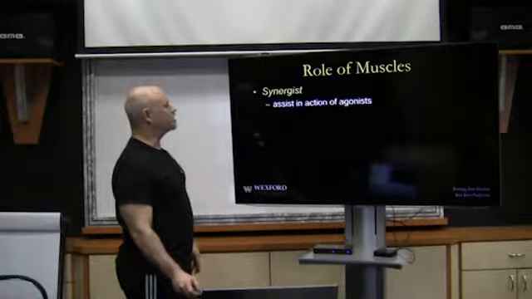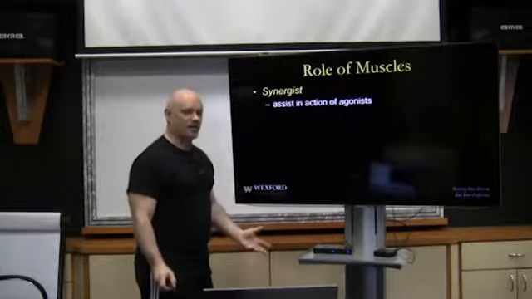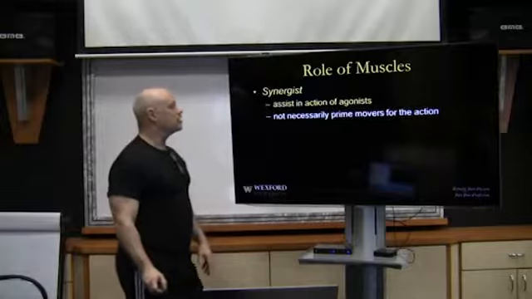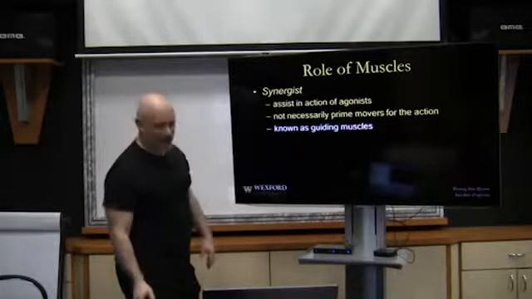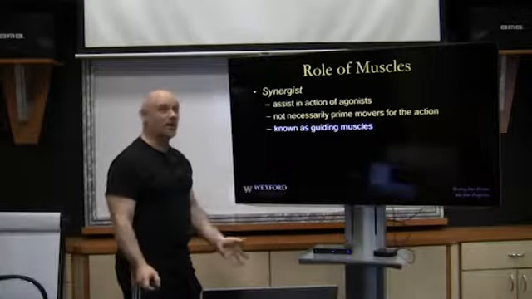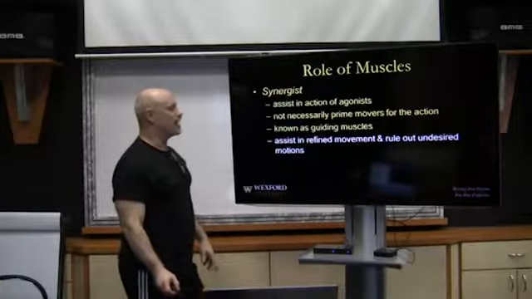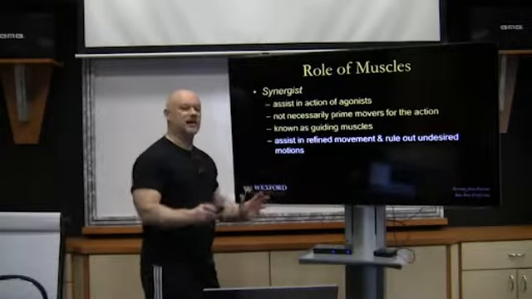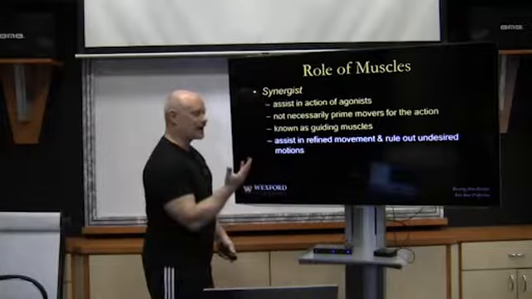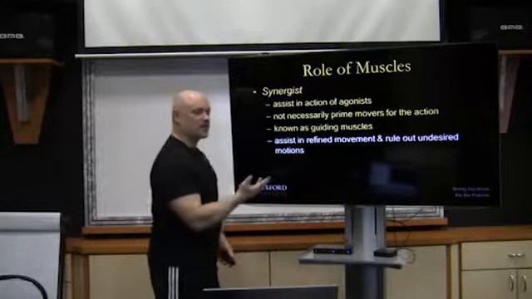Now, a synergist is assisting in the action of an agonist, also called a secondary mover as well. Not necessarily primary movers for the action, also known as guiding muscles, depending on what book you read. They refine movements and rule out any undesired motions as well. So if you look at synergists, fixators, and all that, we want this action to happen, but we don't want any kind of internal and external rotation.